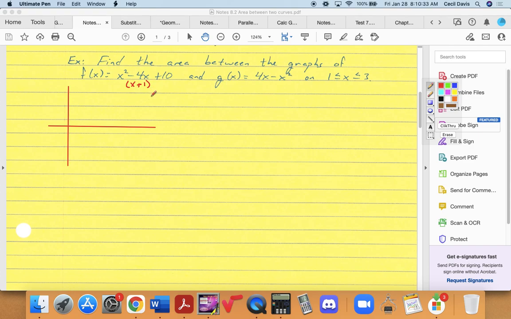I don't think so, because I have to have two things that multiply together to be positive 10 but add together to be negative 4. They would both have to be negative. Yeah, that's not going to work. However, I do know that the y-intercept is 10. So I don't know exactly what this looks like, but it looks kind of like that.